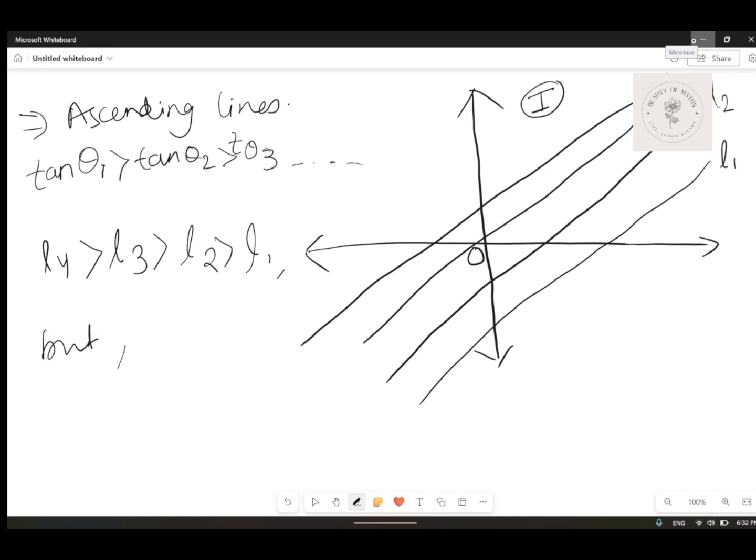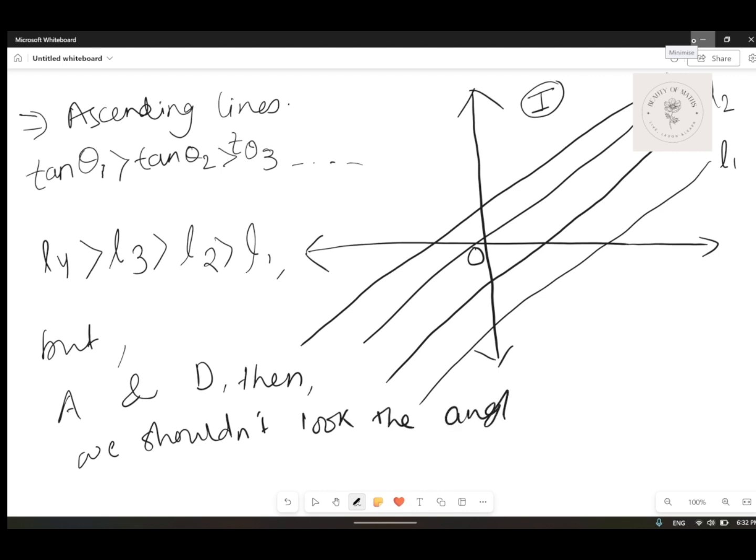But if we compare between ascending and descending, then we should not look at the angle. Ascending wins by a mile.